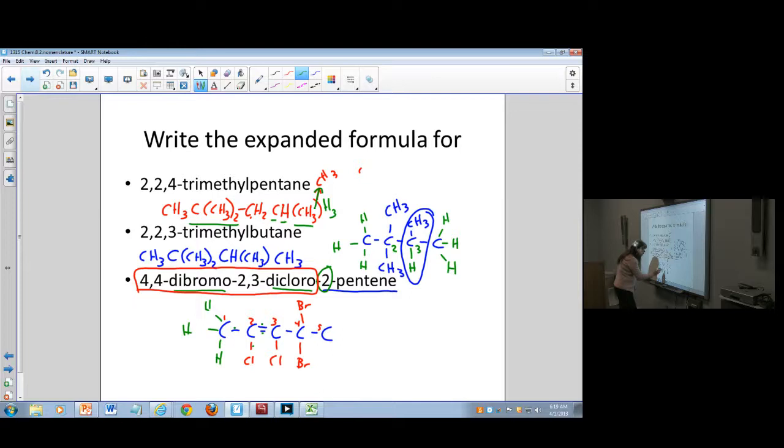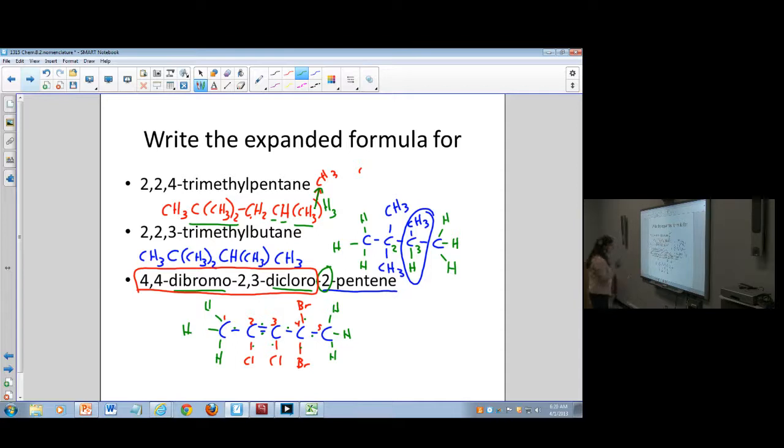Likewise, on carbon 3, I have 1, 2, 3, 4. That carbon is also already fulfilling the octet rule, so that's good. On this carbon, I have 1, 2, 3, 4. It already fulfills the octet rule. I'll leave that alone. And then I'll have to have some hydrogens down here at the end of the chain. So this would be your structure for 4,4-dibromo-2,3-dichloro-2-pentene.